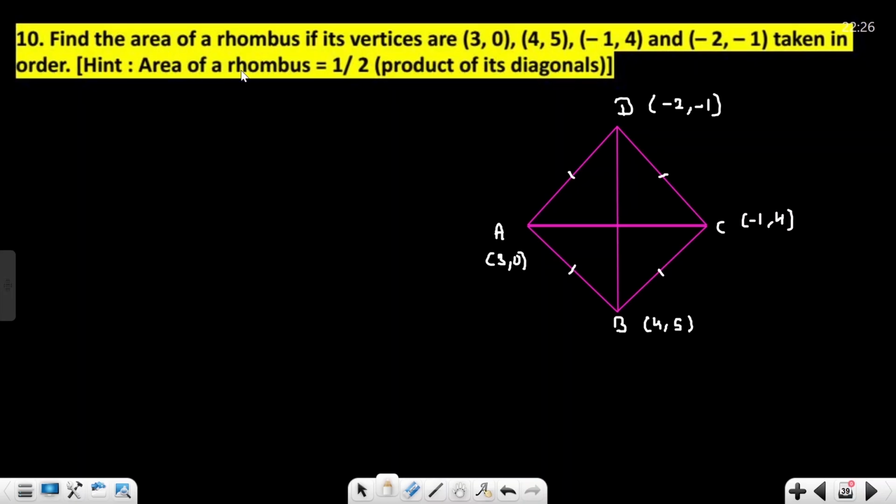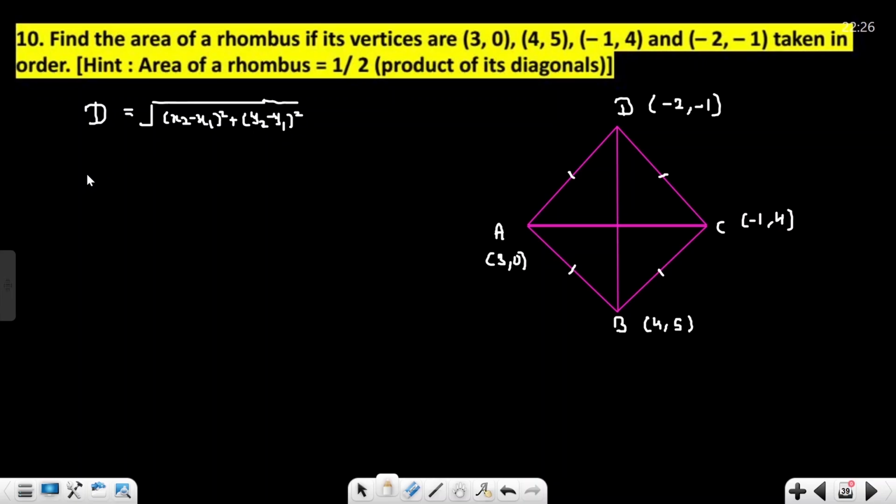Taken in order. The area of a rhombus formula is 1 by 2 the product of its diagonals, the product of its diagonal lengths. So we use the distance formula here. The distance formula is what? Root of x2 minus x1 square plus y2 minus y1 square.